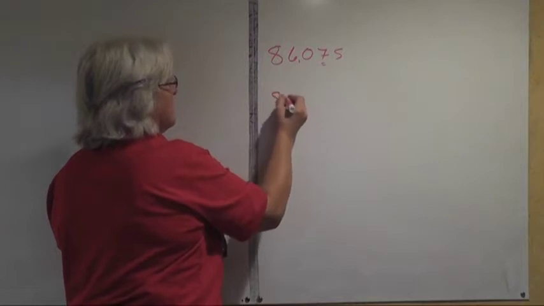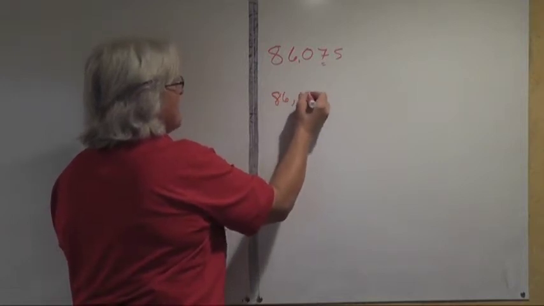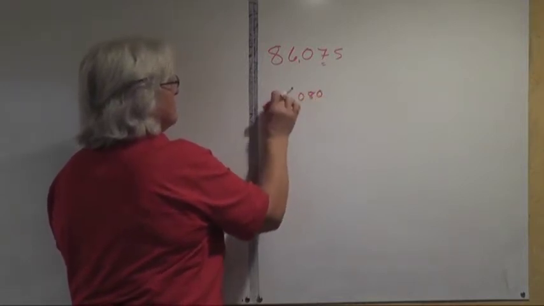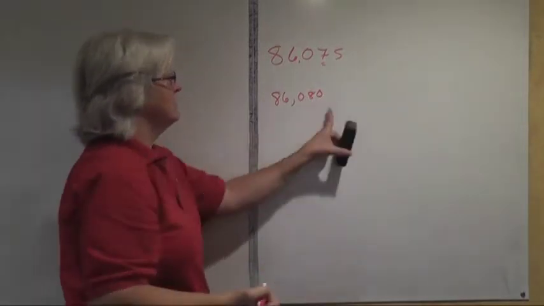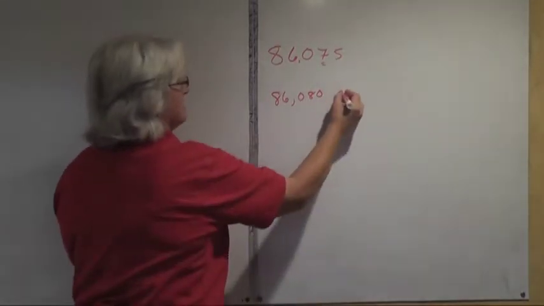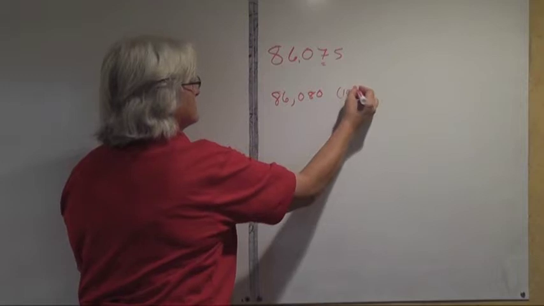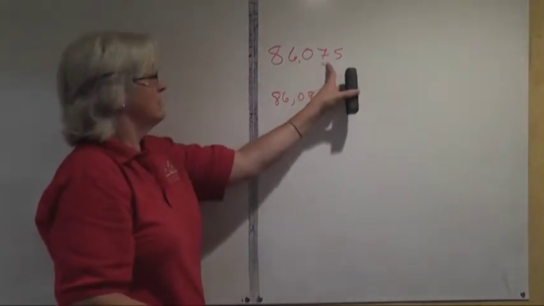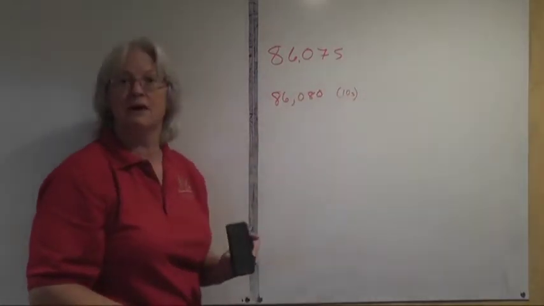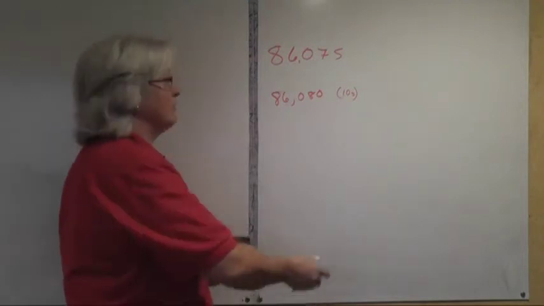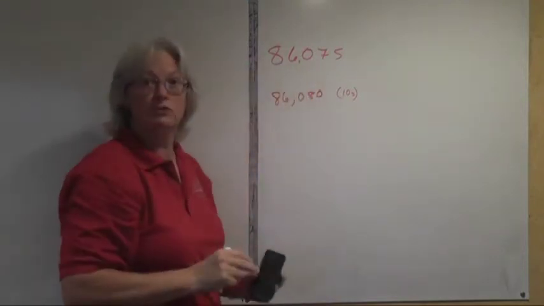So we have 86,080. This is how this is rounded to the nearest tens. Now, if we wanted to round 86,075 to the nearest hundred, a 0 is in the hundreds place.